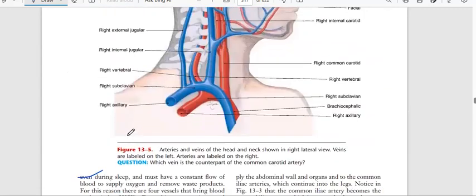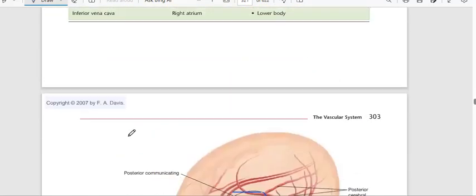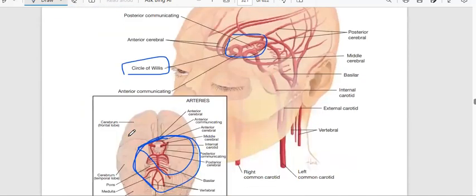So why is the circle of Willis important for us? Because the brain needs blood circulation always. That is the reason the blood circulates to the brain through the carotid arteries, vertebral arteries, and basilar artery.